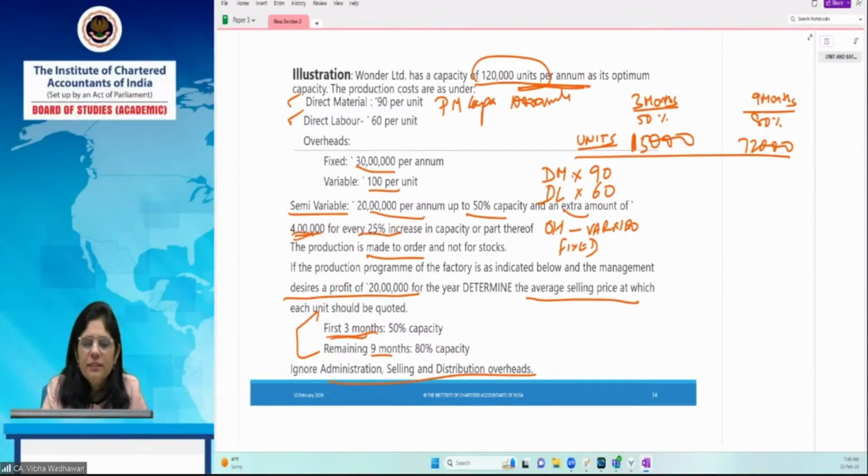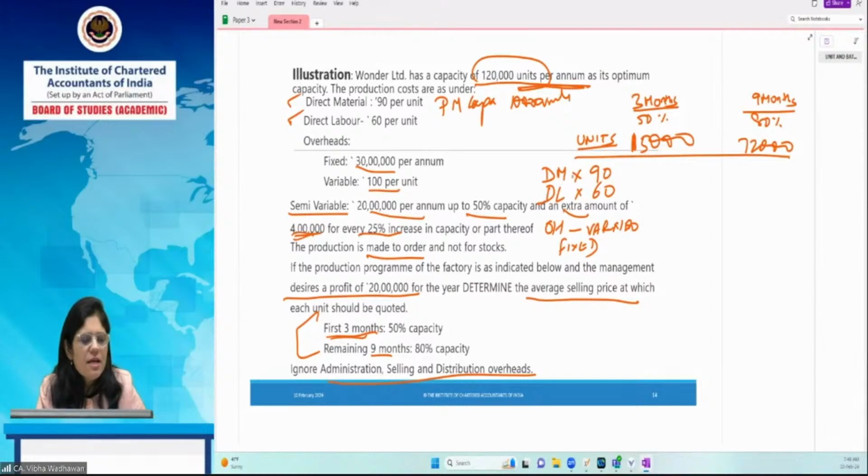How much is the fixed overhead for 50% capacity and 80% capacity? Can I have the fixed cost, please? I want the answers from your side. Only then you will understand. If you make a mistake, you will know what actually went wrong.